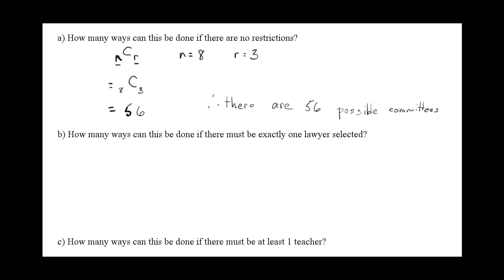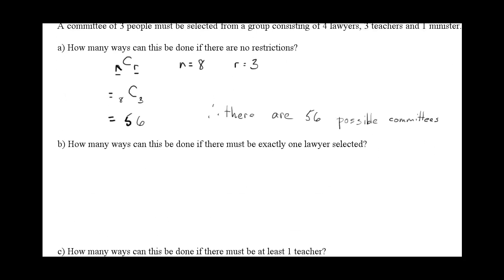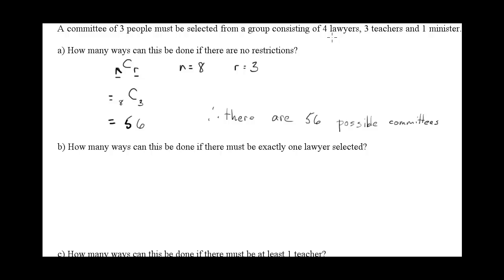Okay, part B. How many ways can this be done if there must be exactly 1 lawyer? So of the 3 people in the group, you have to have 1 lawyer and then kind of 2 others. So what we can do in this question is think of it in 2 parts. Think of it as action 1 and action 2. This would be like the fundamental counting principle.